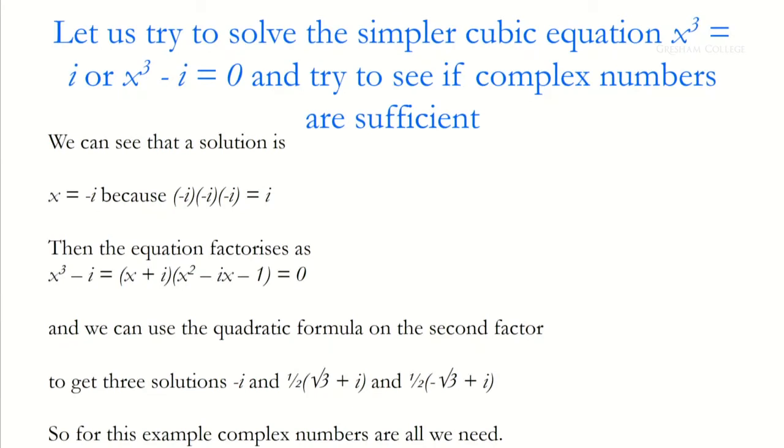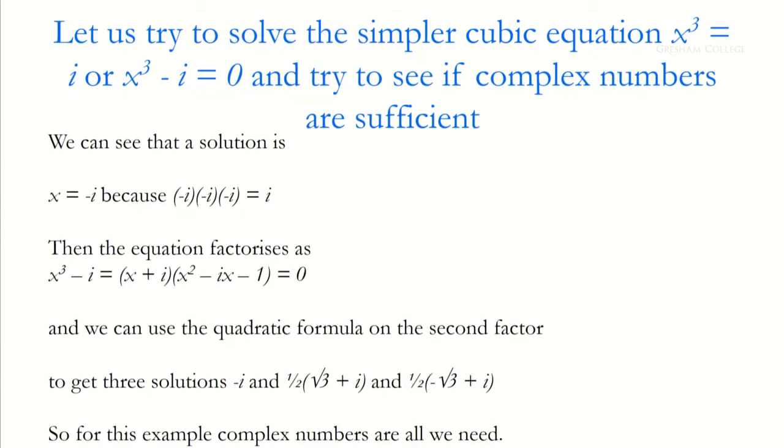But remember what I said to you, we have a formula for solving quadratics, so we can apply that formula to this quadratic term here, and we obtain the other two solutions of the original equation. So we obtain our three solutions as minus i, and a half into root 3 plus i, and a half into minus root 3 plus i. The point to take away from that is that real numbers and complex numbers are enough to solve that particular cubic.